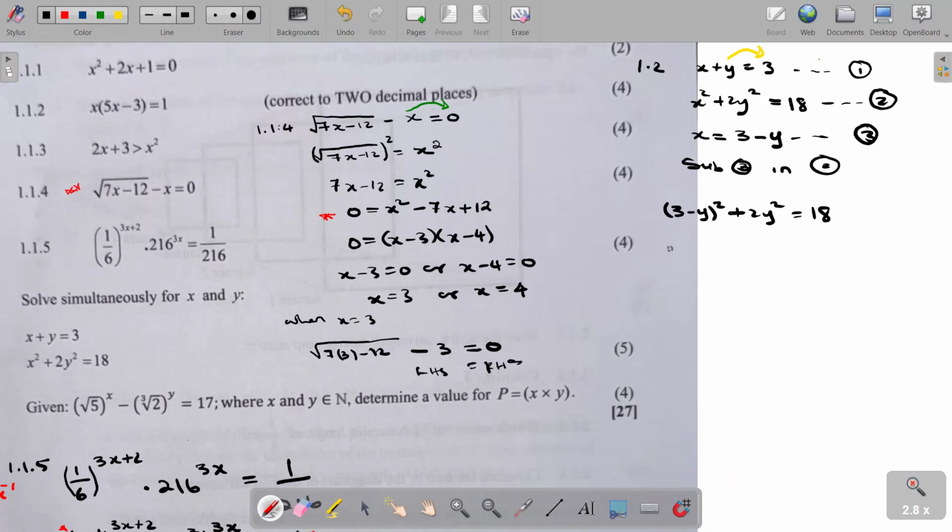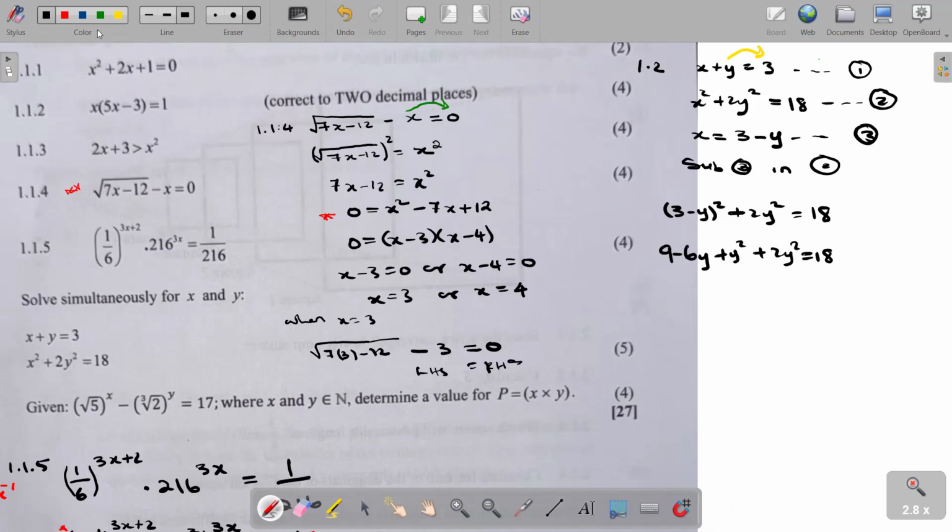So it becomes 9 minus 6y plus y squared plus 2y squared equal to 18. How did we get this?